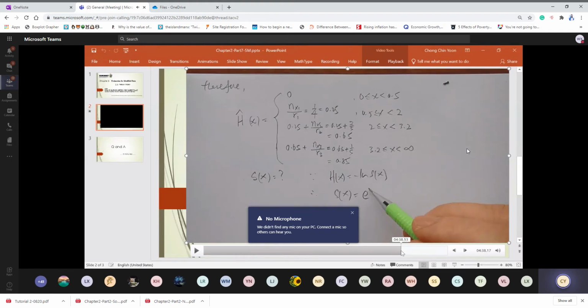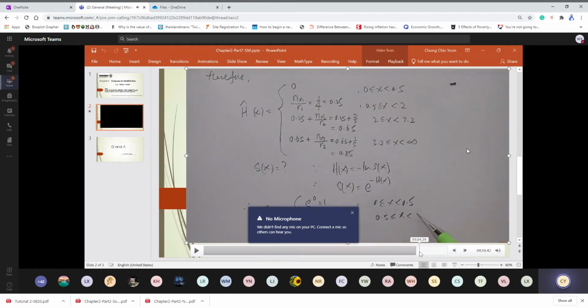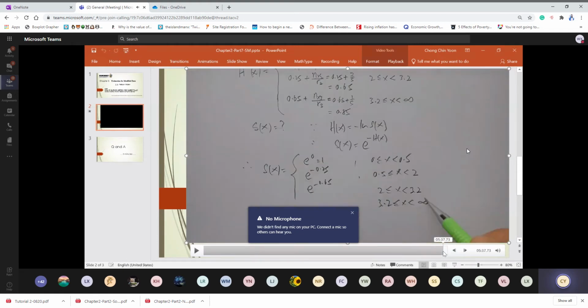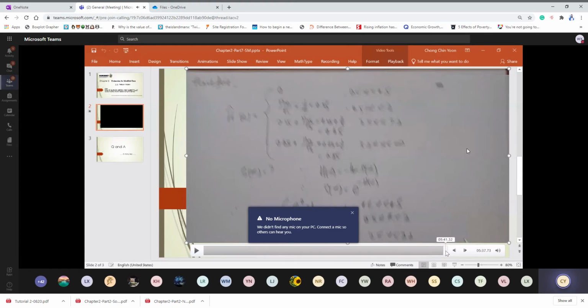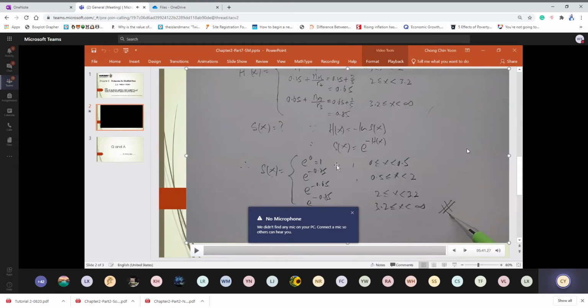Okay, so you have to convert from this cumulative hazard rate to become this survival, using this and applying the result for each interval. Apply here, then you will get the survival as this, in terms of this piecewise function.